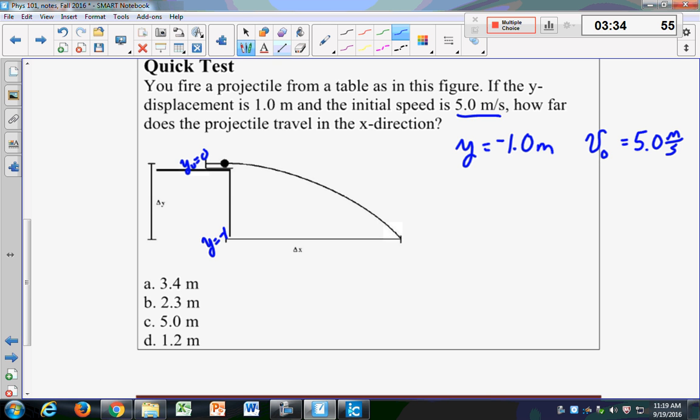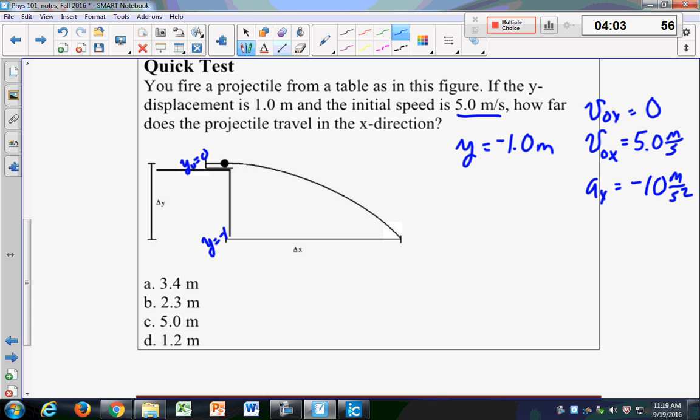It's in the x direction. So in this case, there is no v naught y. There is only v naught x. So v naught y is equal to 0, because there's no component of the velocity, initially anyway, in the y direction. And then I also know the acceleration in the y direction is negative 10 meters per second squared.